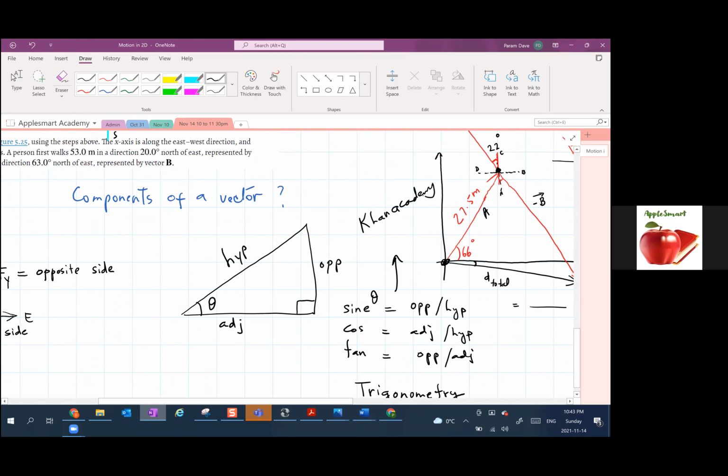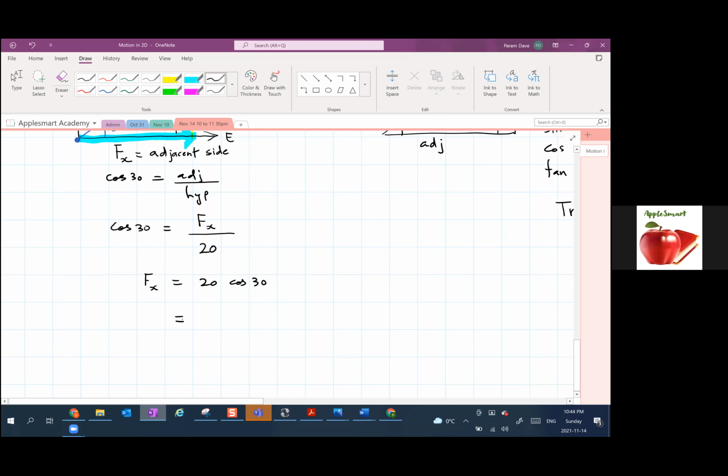You will see that that value is 17.3205, and we typically carry forward 4 decimal places, not more and not less. So what that means is that if you pulled a piece of rock with 20 newtons at 30 degrees, the rightward pull that the rock would feel is going to be roughly 17 newtons.